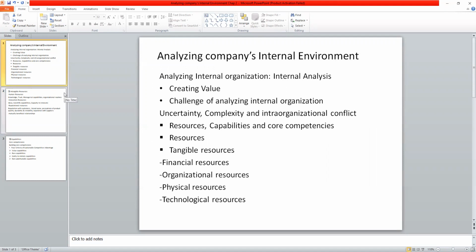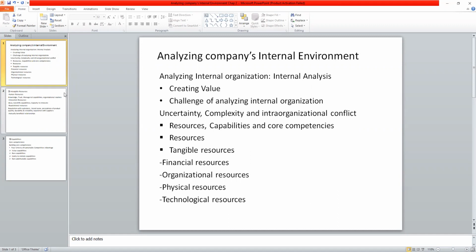Now here, the organizational resources are in terms of the policies of the organization, the firm's formal structure, that is whether it is centralized, whether it is decentralized, how much leverage is given to a particular manager, whether the company is open to new ideas or it is just restricted, whether the flow is from top to bottom or bottom to top or both ways.